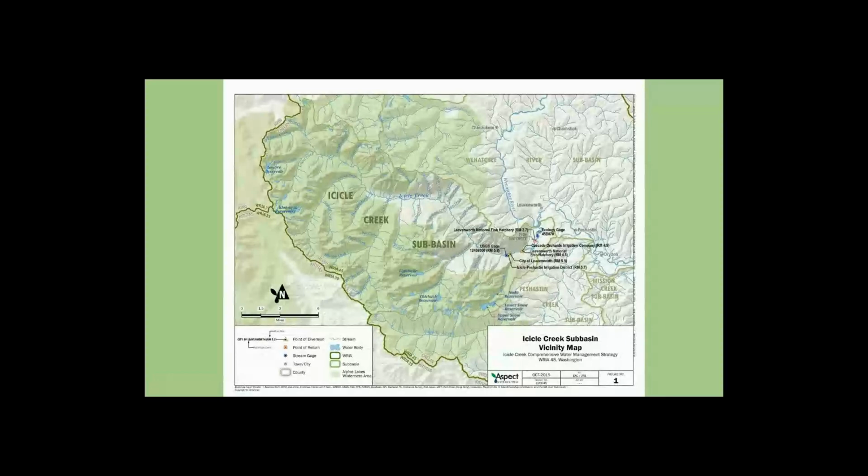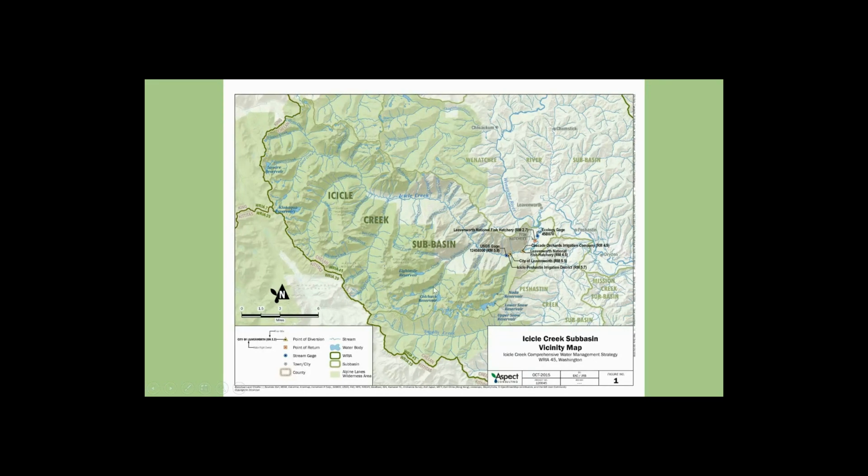Some of the complexities of Icicle Creek, and I won't spend too much time on this, but I wanted to describe what's going on in Icicle Creek if you're not familiar. This is one of the maps we use in the Icicle work group. This is the Icicle Creek subbasin. It's a whole bunch of reservoirs: Square, Aqua, 8 Mile, Kolchak, Upper and Lower Snow, Nada.